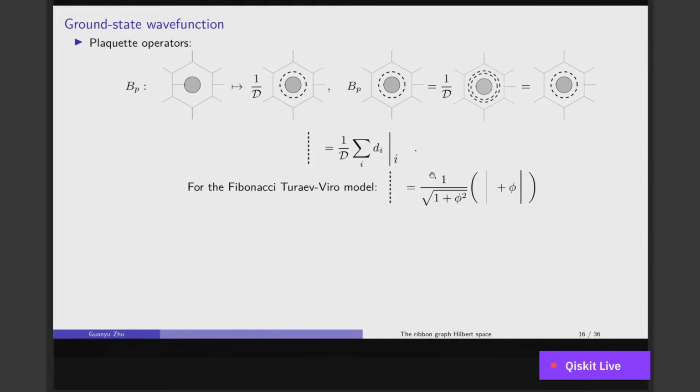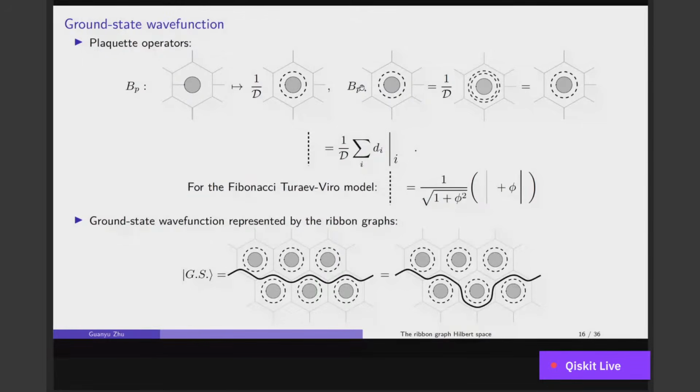Then you can check that if I apply the plaquette operator on this configuration with a vacuum loop around, that just adds another vacuum loop. And then after some math, you can find that it again simplifies to a single vacuum loop around this puncture. So this configuration has eigenvalue +1.